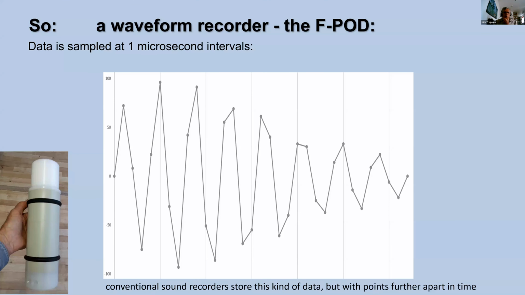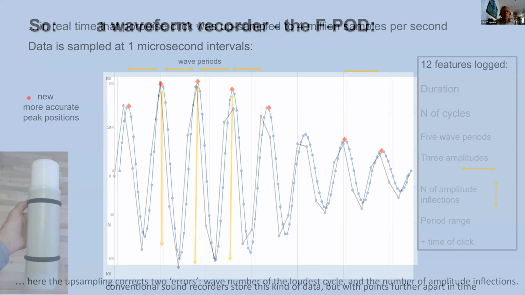So that's a porpoise click recorded by an FPOD, and it's sampling at 1 million samples a second. And there aren't many points for each wave in the click. Conventional sound recorders are usually sampling at half that rate or lower, so it's even more hit and miss whether you get the peak of a sound.